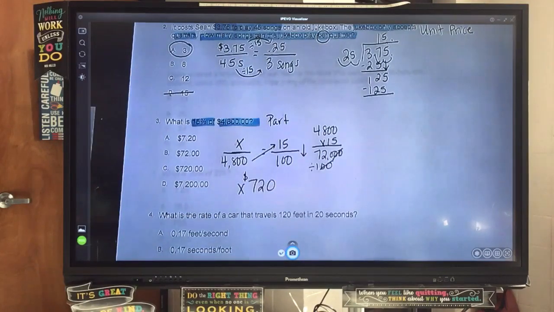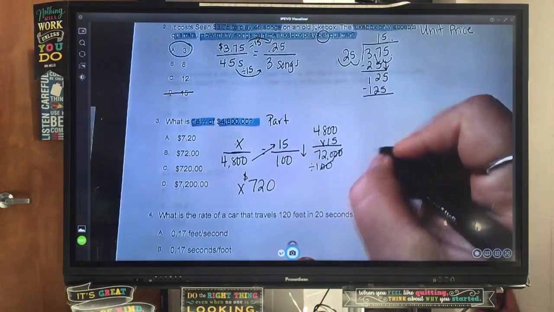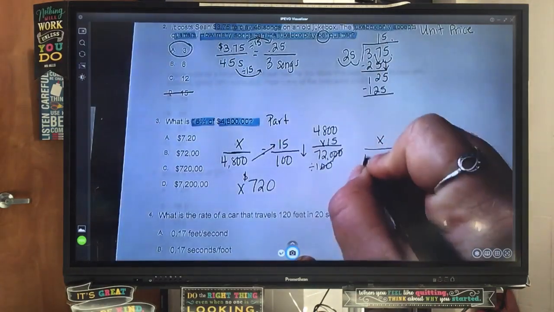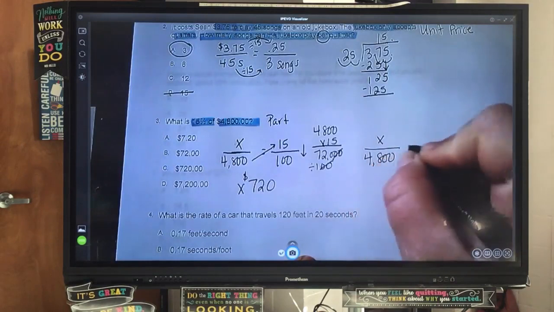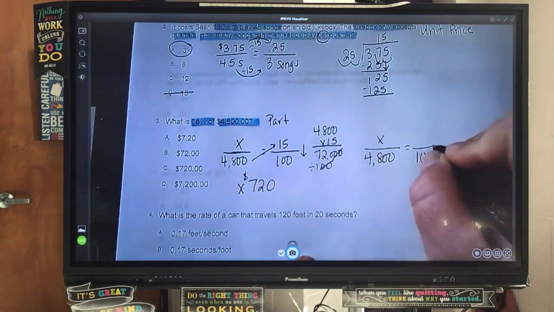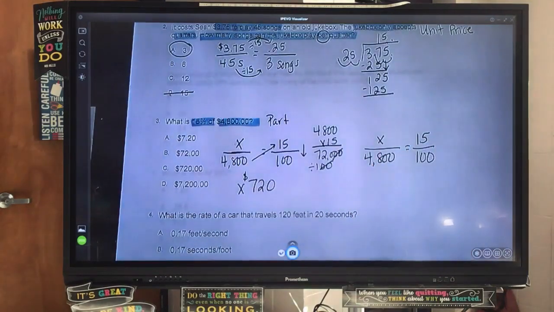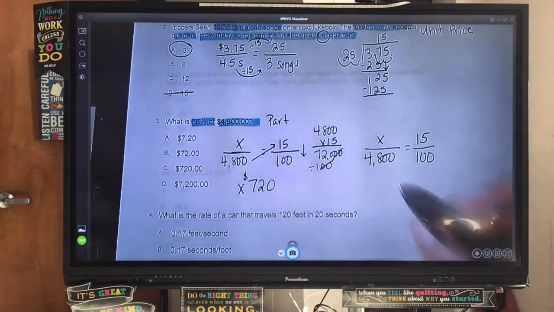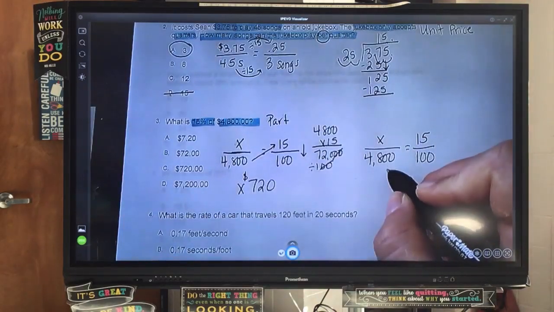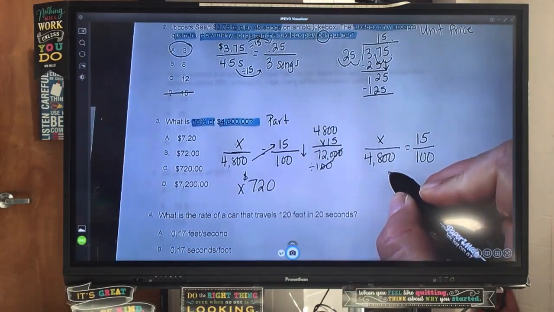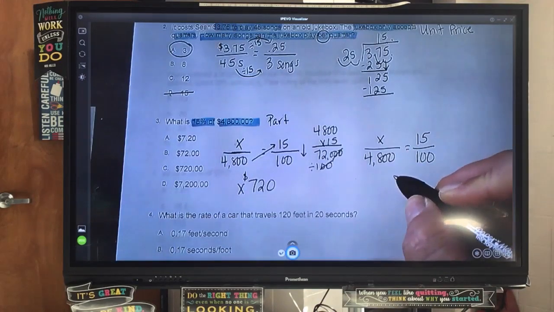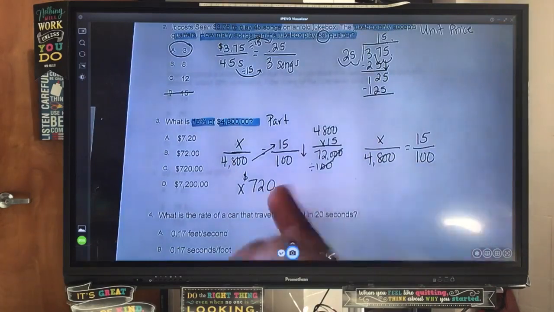Now, let's do the other way. So we have X over 4,800 equals 15 over 100. So Amelia, you said you went side to side? All right, so did you go this way or this way? So right to left?